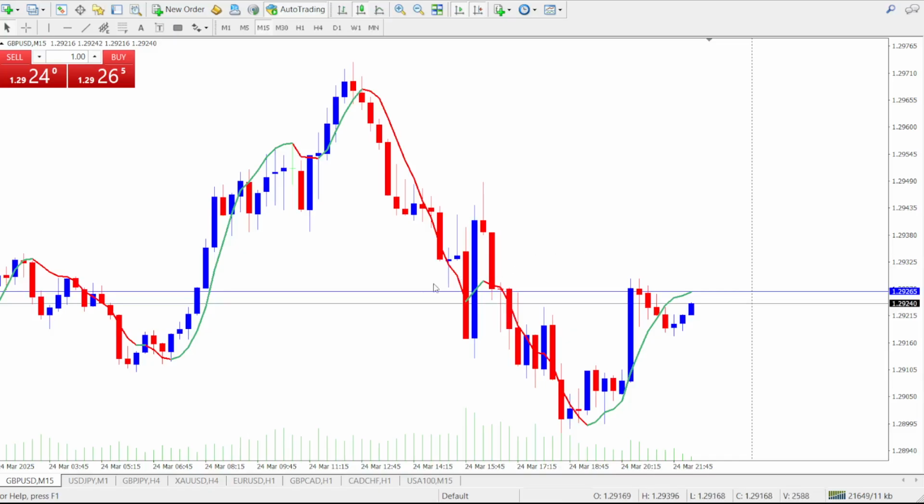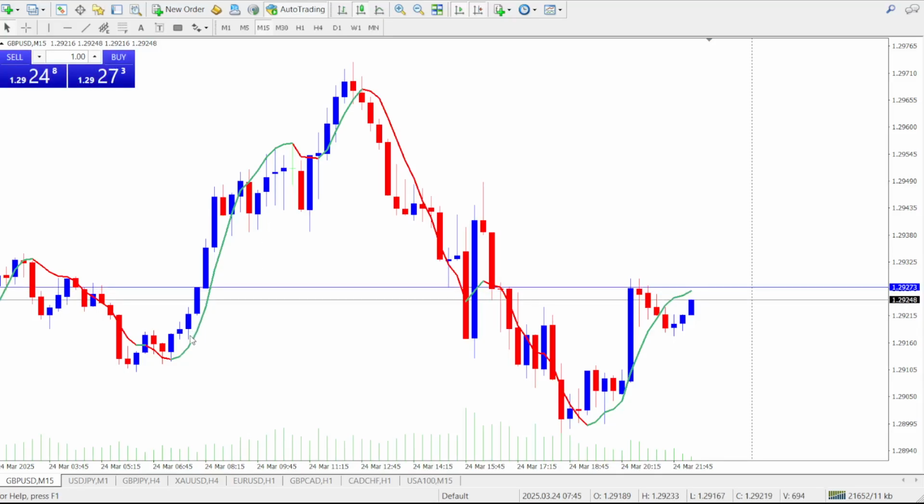When the line is green, it indicates a bullish trend, meaning that it is time to look for buy opportunities. On the other hand, when the line is red, it indicates a bearish trend, meaning that it is time to look for sell opportunities.